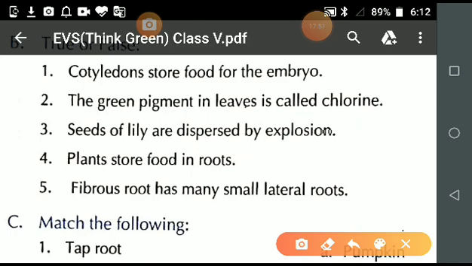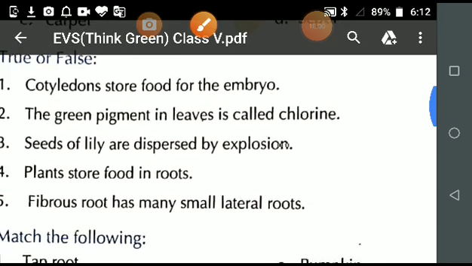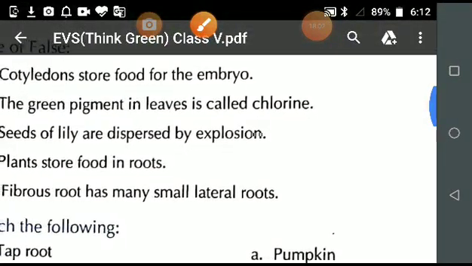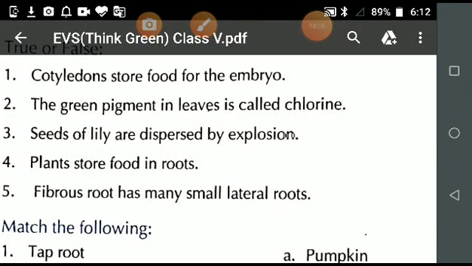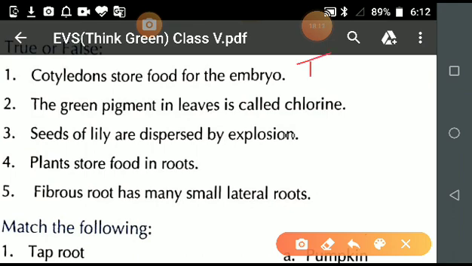So first question, true or false? Cotyledons store food for the embryo, so this is true.